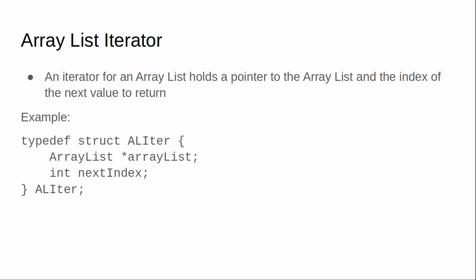So it's a very simple structure, right? We have our array list iterator, AL iter, that holds our pointer to our array list, and an integer that indicates the next index that we want to return the next time we access the value of this iterator.